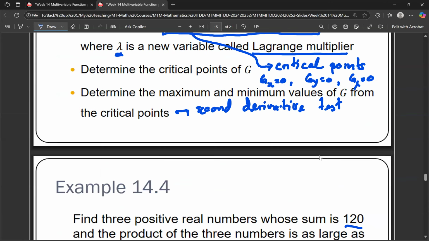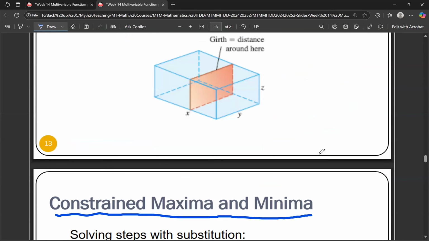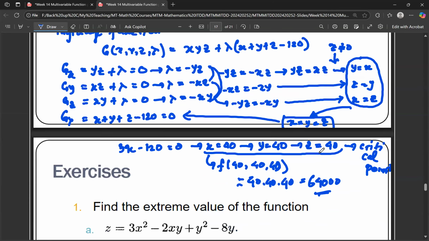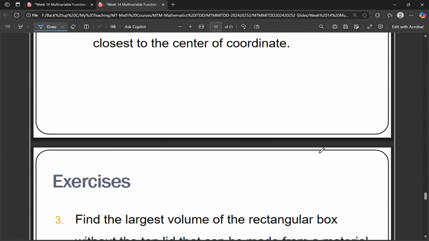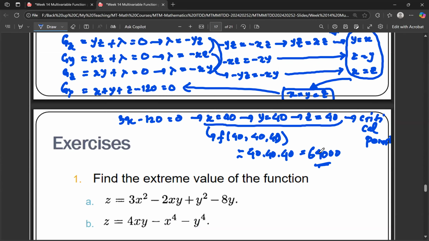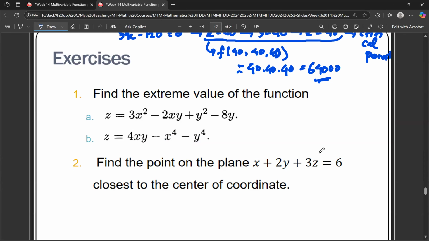So that's all the topics we must discuss in this meeting. The rest is exercise. For the exercise, I will give you the clue to solve it, but you can make it detailed by yourself. For example one, you must find Zx and Zy first.